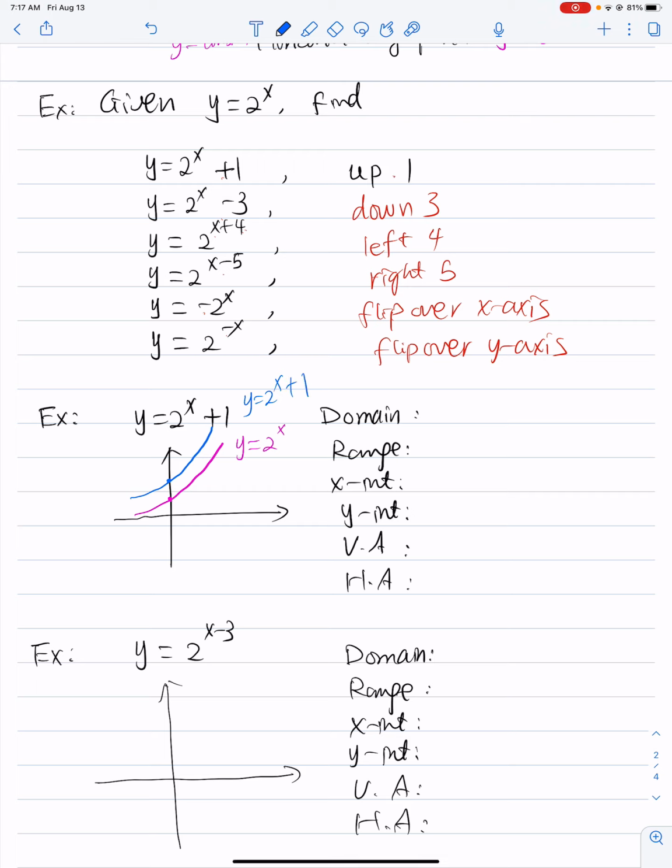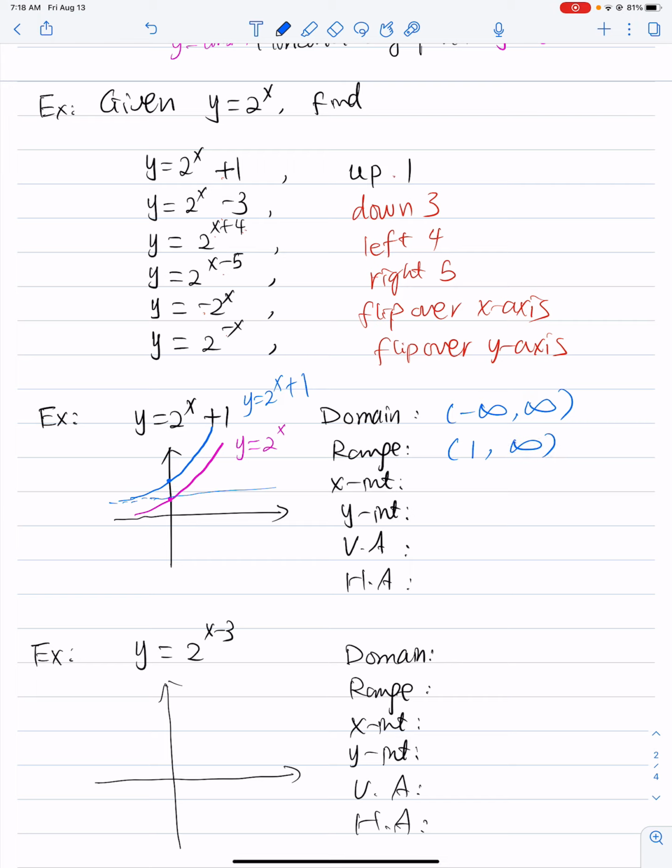So what is the domain? Does it change for the domain? No. But what is the range? Range used to be what? 0 to infinity, but now what happened? It will not be 0 anymore. It will be 1 to infinity.